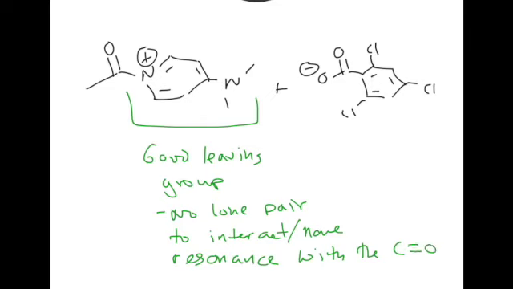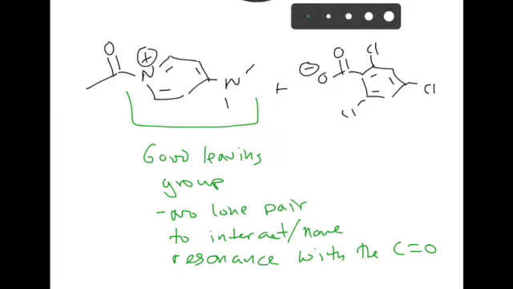Right? There's no lone pair on that nitrogen now. That lone pair is being used to make a bond. So there's no interaction with the acetyl bond O. So you just got this positively charged thing hanging off your carbonyl carbon that pulls electrons away from the carbonyl carbon, that makes it more positive and is a good leaving group.